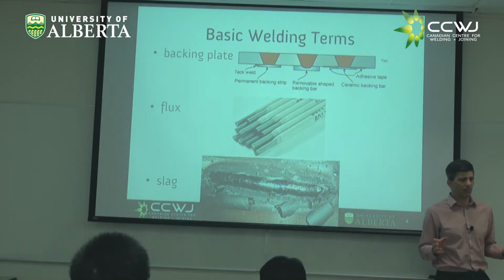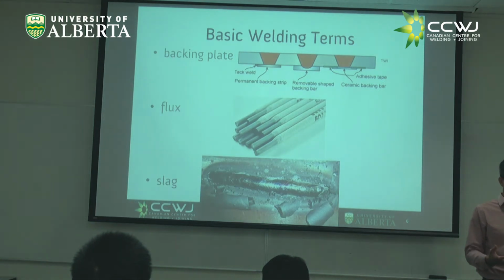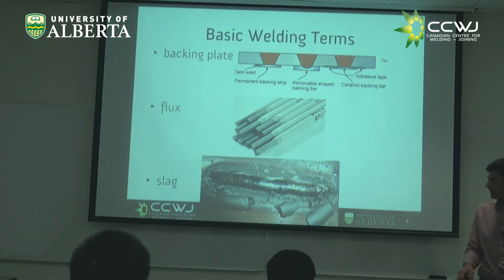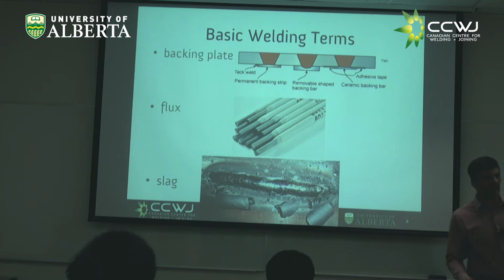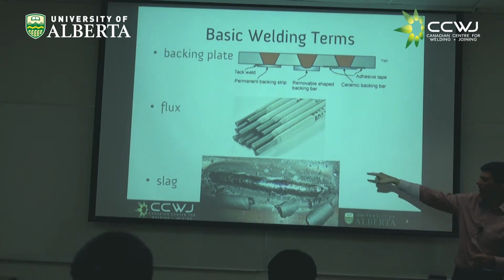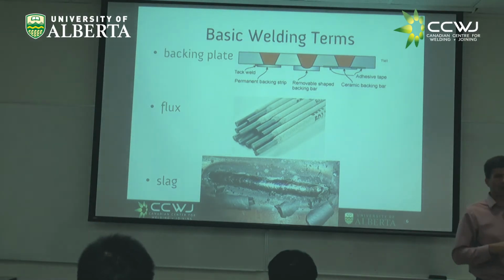So in some types of welds, the protection of the molten metal from the air is by this flux that melts and becomes a slag. A flux and a slag are more or less the same. The difference is the flux is what is before you weld, and the slag is what it is during welding when it's molten and after welding.